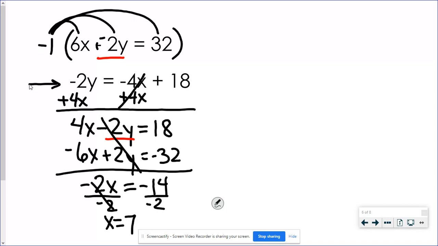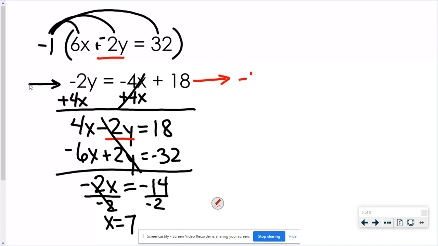Now that I know the x, I have to find the y. I don't care which equation you use. You can use one of the rearranged equations or one of the original equations. And I've been saying, I try to avoid those negatives. Actually, I'm going to use this equation because the y is almost by itself. Not entirely, but close.